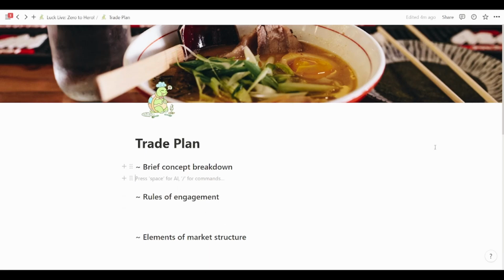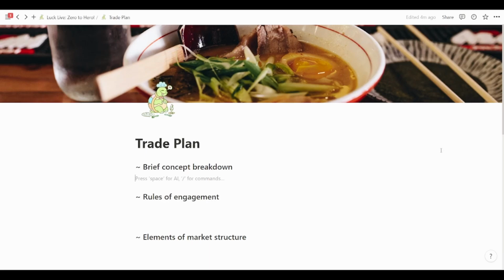For our brief concept breakdown, I'm going to start from scratch, assuming you guys have an understanding of ICT concepts. You have been studying for a good bit, but are not as familiar with some of the terms I'm going to be using, because for this trading account challenge, I will not be using market maker models.